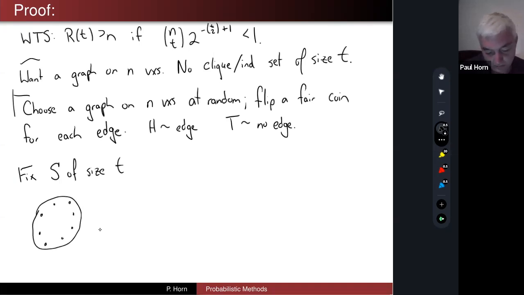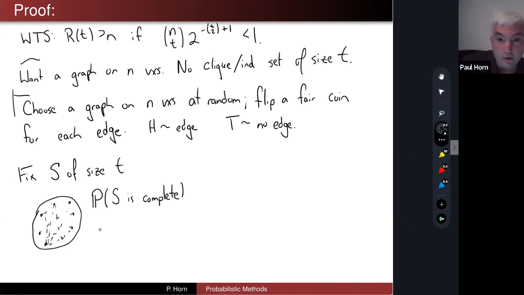So what's the probability that this S is complete? That means for every possible edge that I have here, every single possible one, I would have had to do this coin flip and gotten a heads.